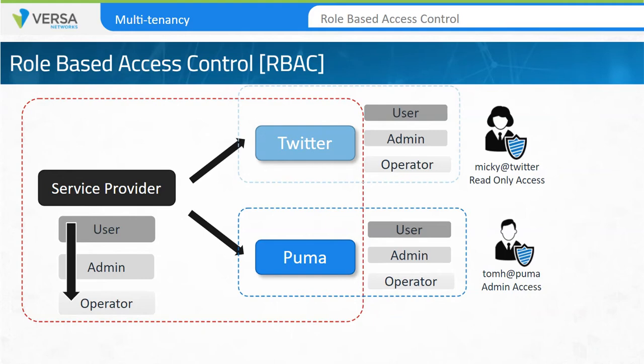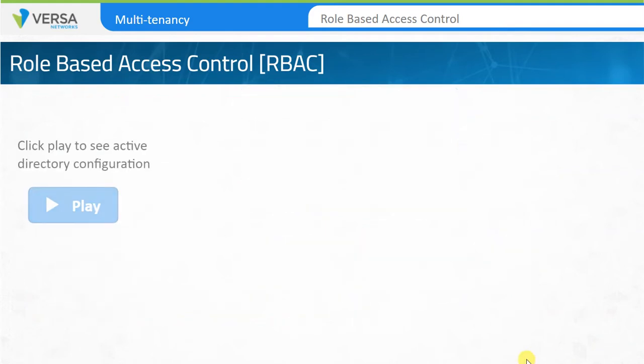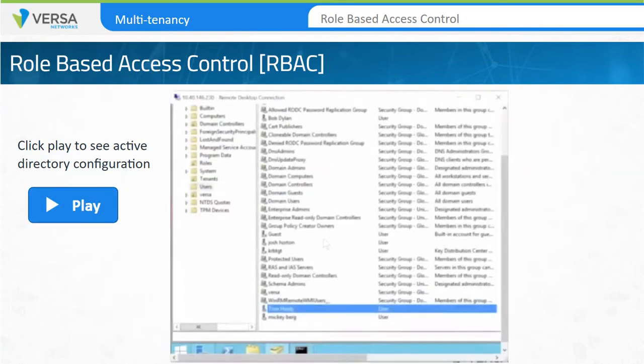Let's look at how VIII's multi-tenant RBAC solution looks in Active Directory. In the Active Directory, we have configured two users belonging to two separate organizations, Puma and Twitter.